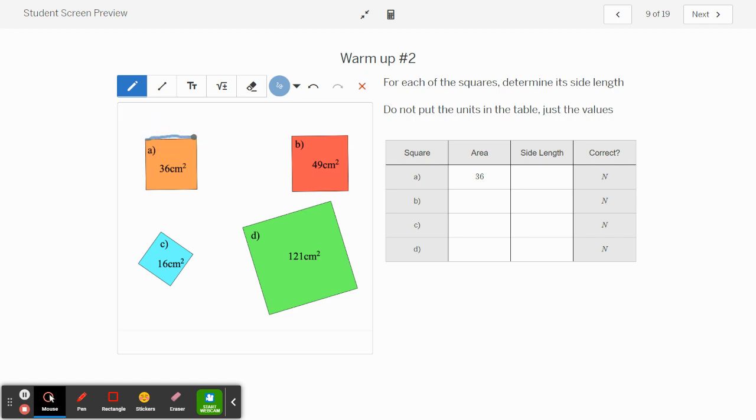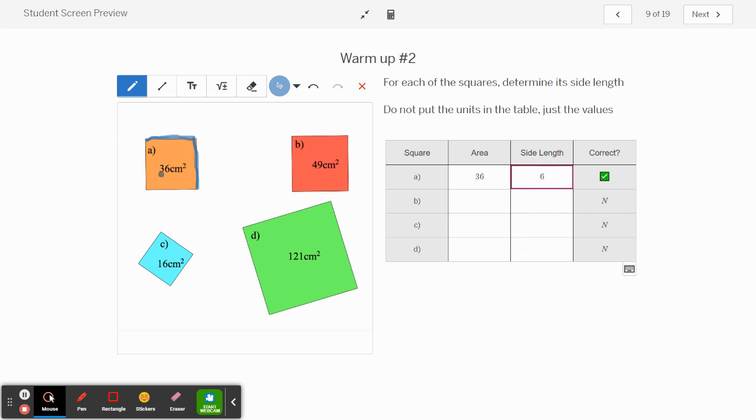So remember, how did we get area? We did a number times another number to get area. And since this is a square, both of these numbers, this distance here and this distance here, have to be the same. So what number times itself gives you 36? Well, that would be 6. 6 times 6 is 36.